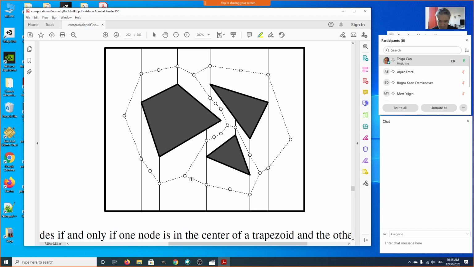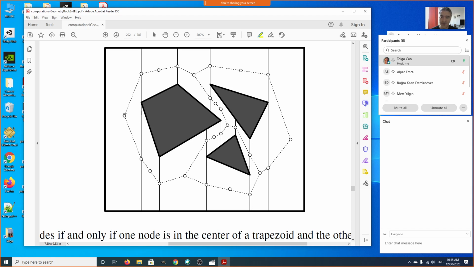In this example, there is no such trapezoid. Every trapezoid has exactly two left and right vertical edges, but if you look at this trapezoid, it has two left edges, because at the center we have this vertex of the obstacle, so there's one extension to the top and the other extension to the bottom.